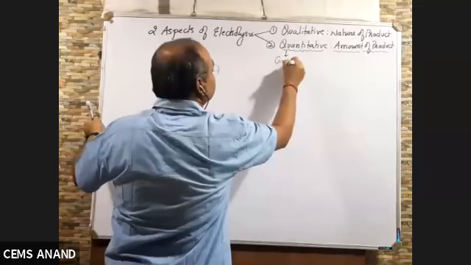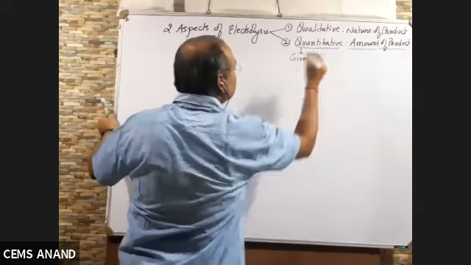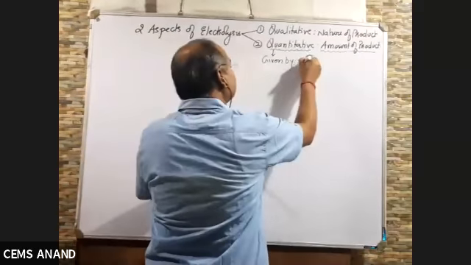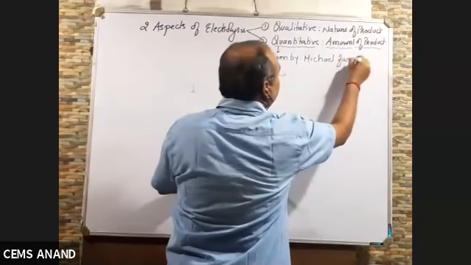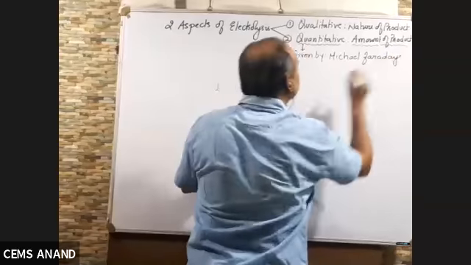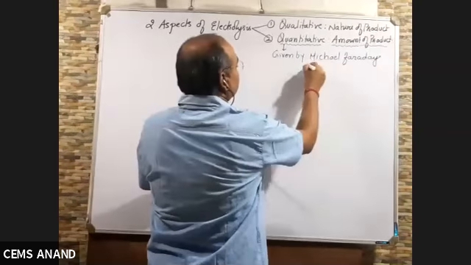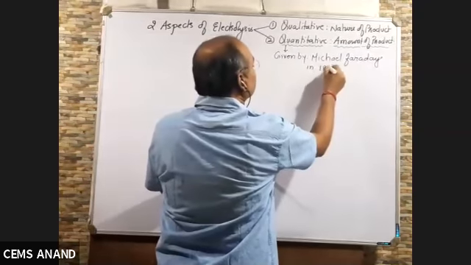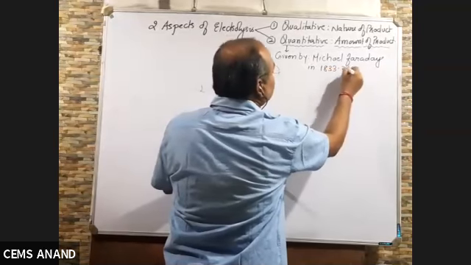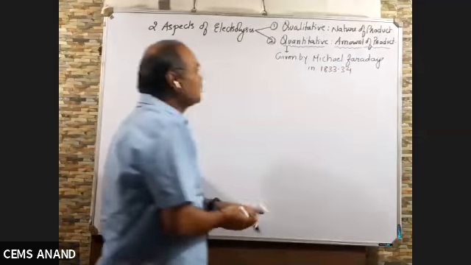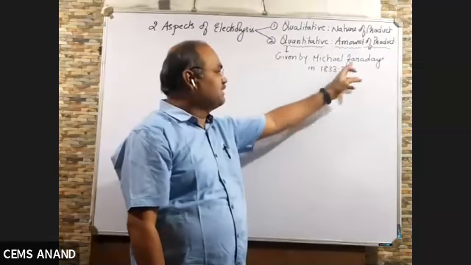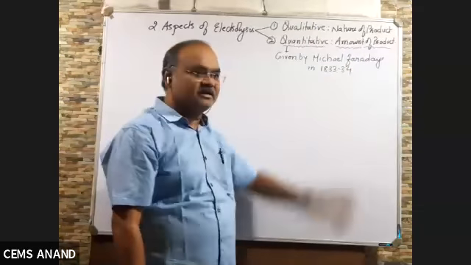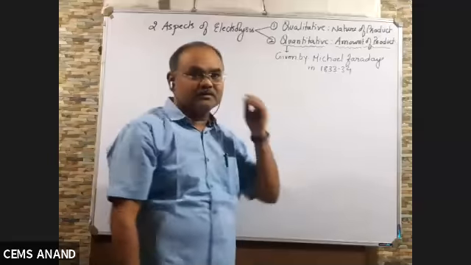The quantitative aspect was given by the scientist Michael Faraday in the year 1833 to 34.